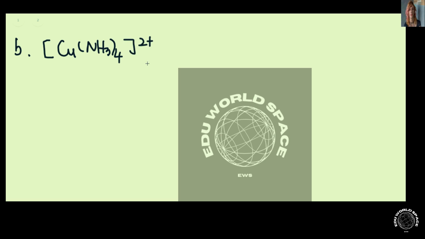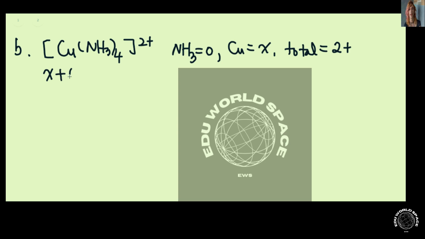Once again, we know the oxidation state of ammonia is 0, and we assume the oxidation state for copper is X. The total charge for this complex is 2+, so we have the equation X plus 0 times 4 equals 2, and we get X equals +2. So this +2 is the oxidation state of copper in the complex.